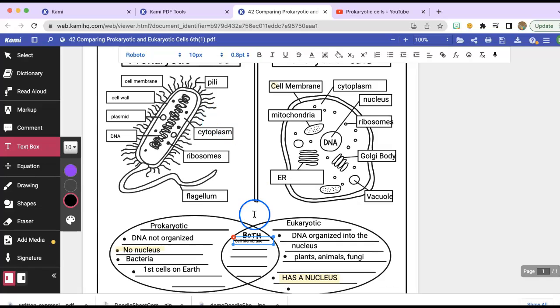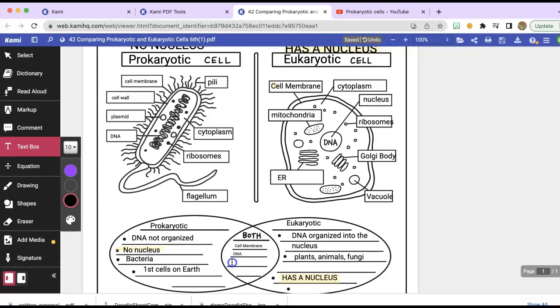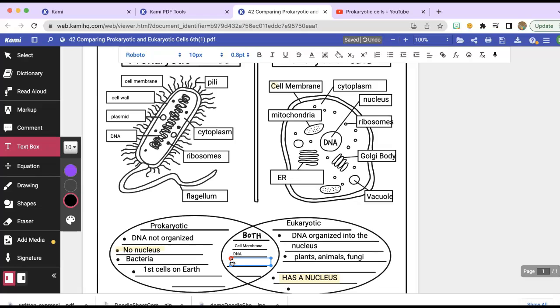They both have DNA. It's just put in different spots. They both have cytoplasm. And they both have ribosomes. Okay.